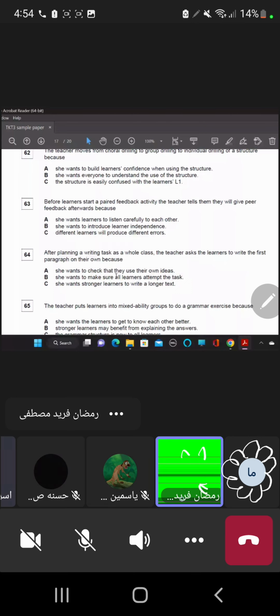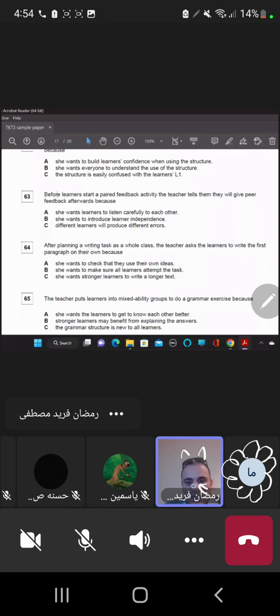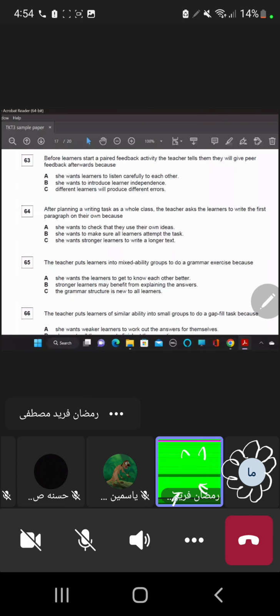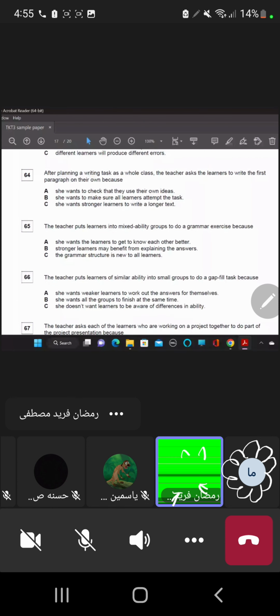Okay, 65. The teacher puts learners into mixed ability groups to do a grammar exercise because, A or B or C?